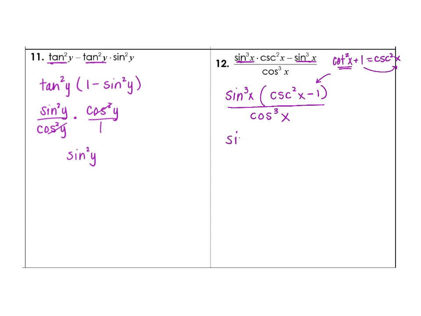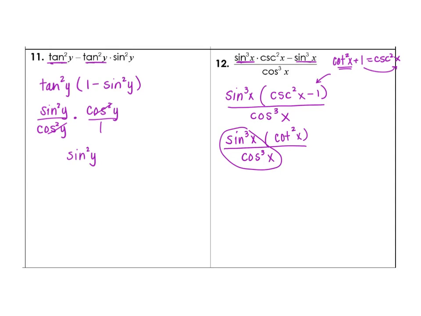So I have sine cubed x times cotangent squared x over cosine cubed x.